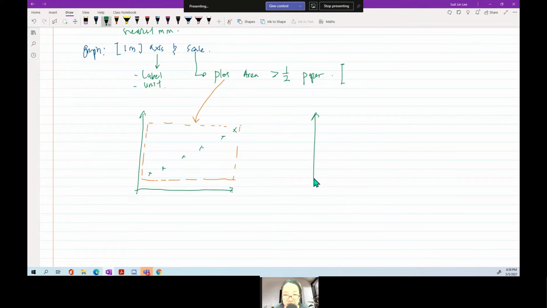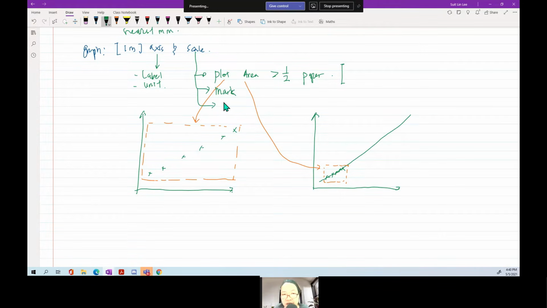If, let's say, for whatever reason you decide to start plotting here and then your 6 points finish already, but you think, Miss Lee said must be half, never mind, I draw my best fit line long, jokes on you. I will still only take this as your plotted area. Less than half.